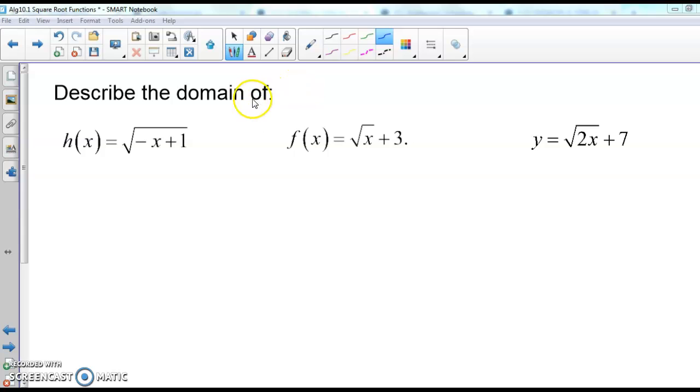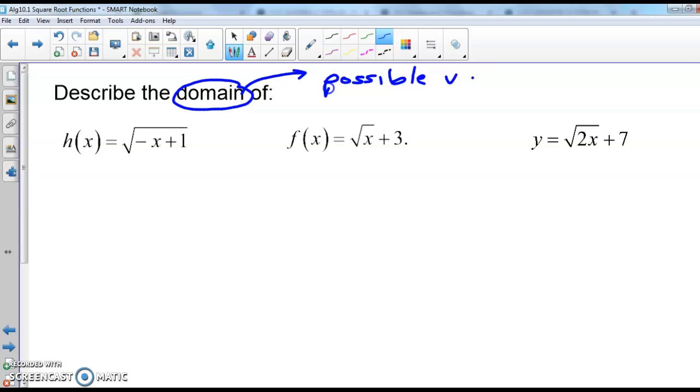So if you recall, when we're talking about the domain, we're referring to the possible values of x. And since we're talking about square root functions, just like what I mentioned earlier, the radicand must be positive. So it has to be greater than or equal to 0.